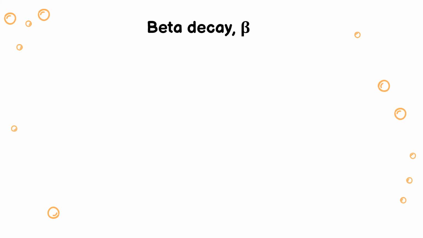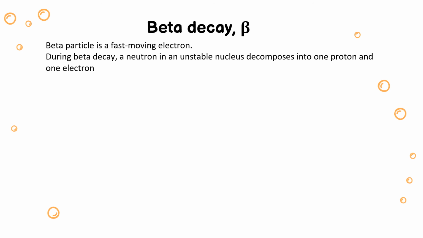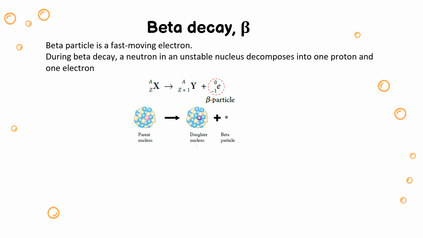Next, beta decay. A beta particle is a fast-moving electron. During beta decay, a neutron in an unstable nucleus decomposes into one proton and one electron. The general equation for beta decay is as follows. The parent nucleus has proton number Z, while the nucleon number is A. After beta decay, the daughter nucleus has proton number Z plus 1 and the nucleon number does not change.